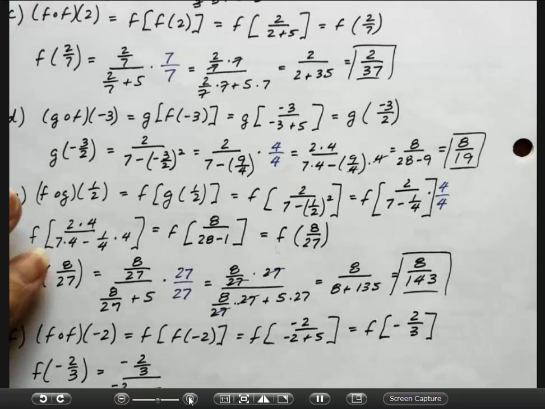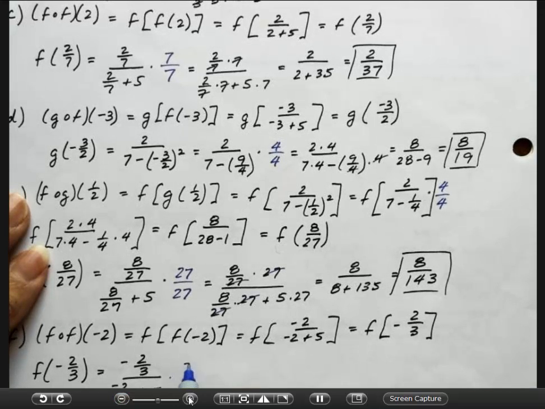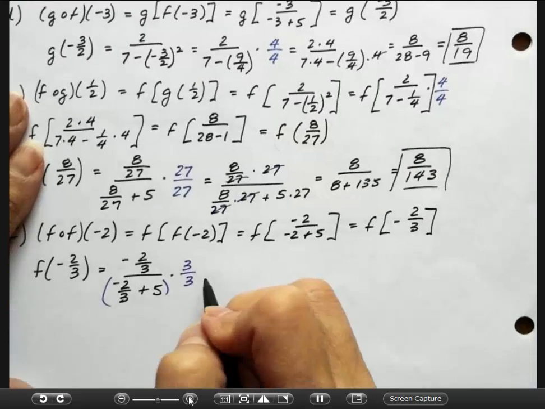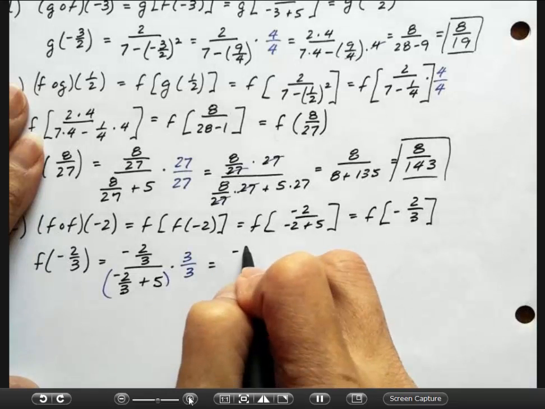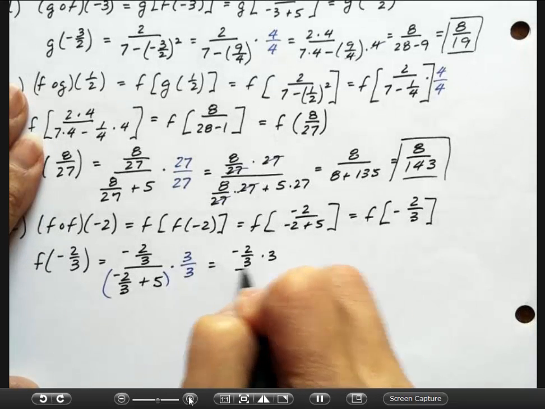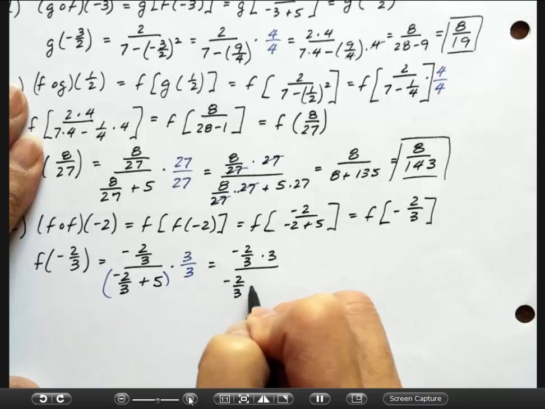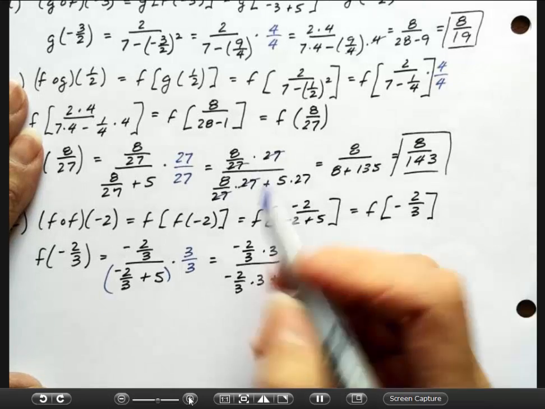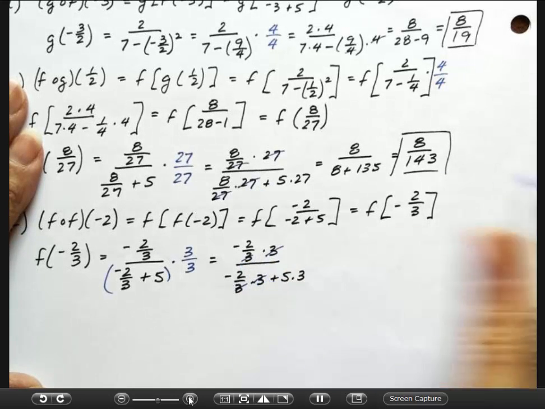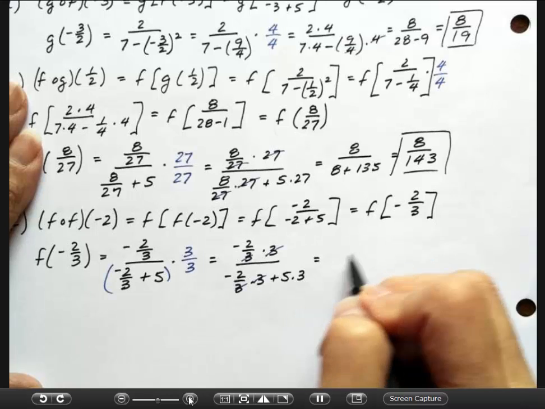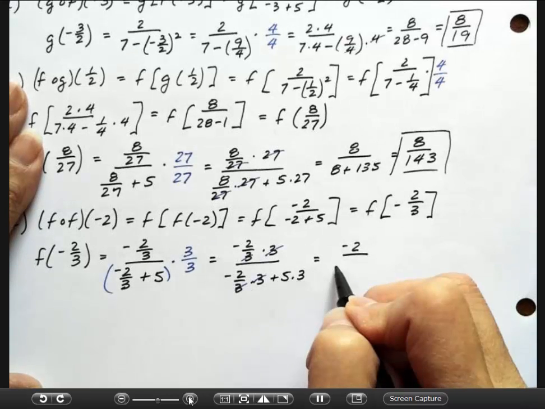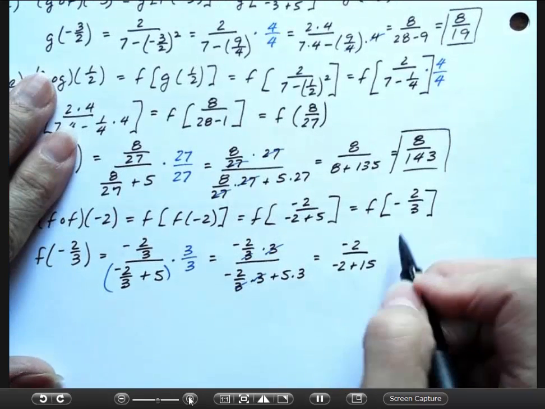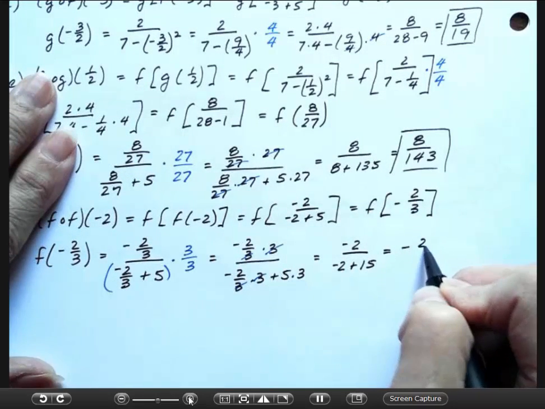I'm going to multiply both the numerator and the denominator by my LCD. I'm going to make sure that I carry through my distribution. And when I do that, I end up with -2/3 times 3 over -2/3 times 3 plus 5 times 3. The denominator should cancel out, and I'm left over with -2 over -2 plus 15, which ends up giving me -2/13.